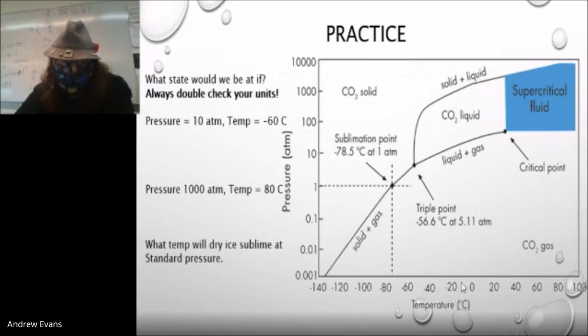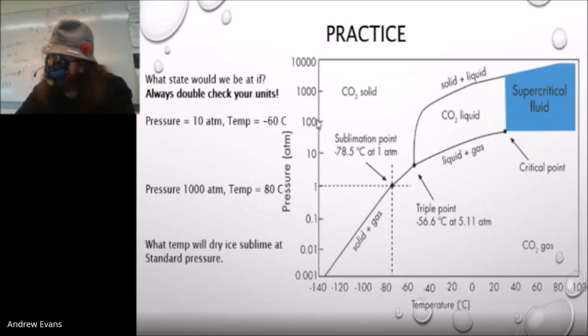So this one's CO2. Note the zero point is right there. So what state would this be at: 10 atmospheres, negative 60 degrees C? Negative 60 is right here, 10 atmospheres, about there. And this scale is actually logarithmic, so it's not like 10, 20.